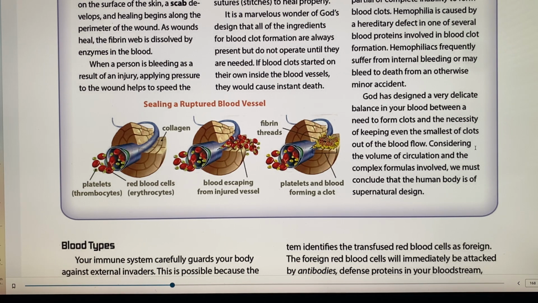And then this thrombin activates fibrinogen, which activates these fibrin threads that come together and make this big web. And this big web traps the blood there and seals the break right there. Platelets in blood forming a clot. So very important.